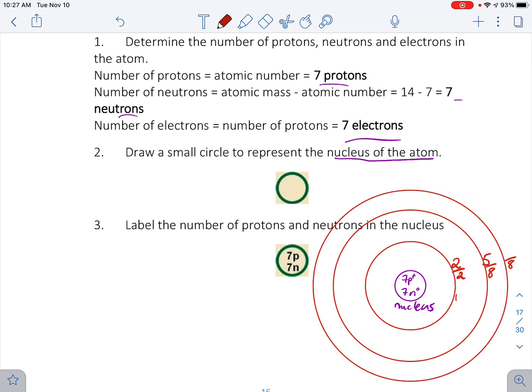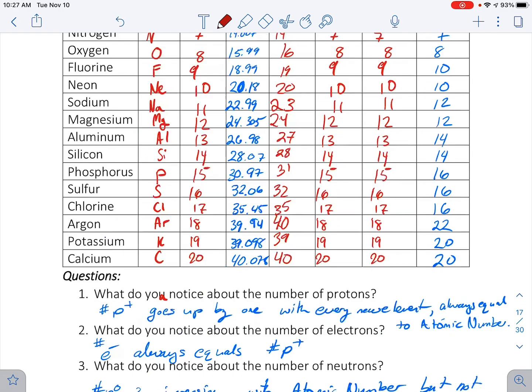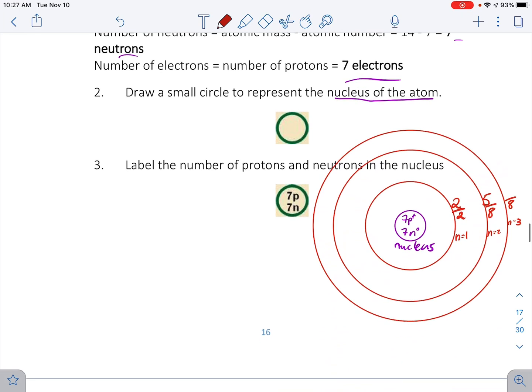We label them by n, so n equals 1, n equals 2, n equals 3. Now talking about anything beyond n equals 3 for a Bohr model gets a little bit confusing and can cause some issues later on. So we're going to stick to just talking about these first 3 shells in this class.